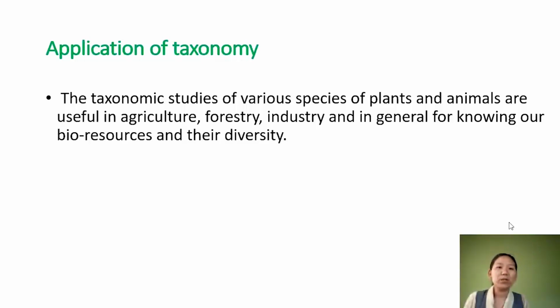For agricultural purposes, you cultivate various types of food plants, and for that you have to identify which species of grasses is good for animals, or which type of wheat or maize grows in a particular type of environmental condition. So taxonomic study is important in agriculture.